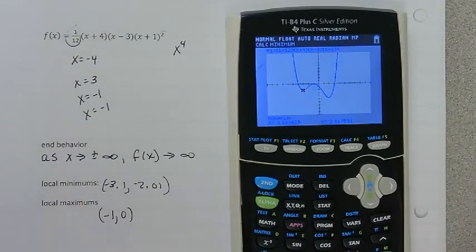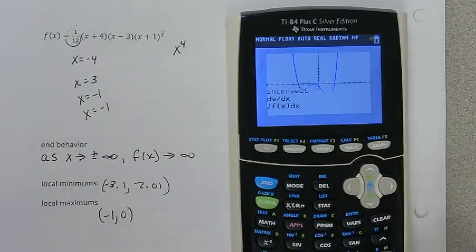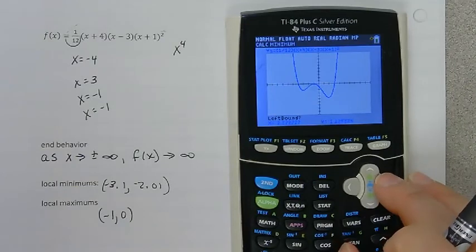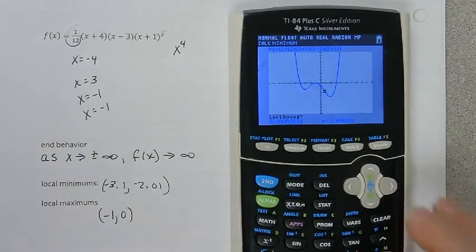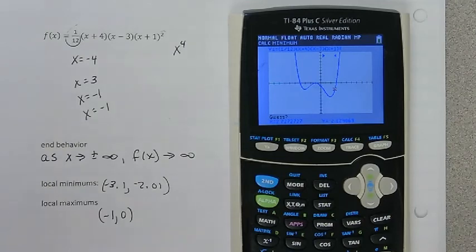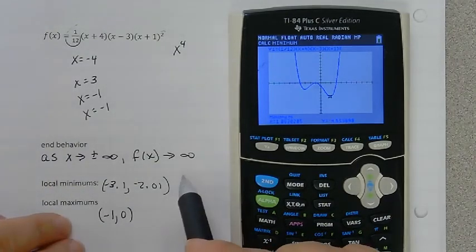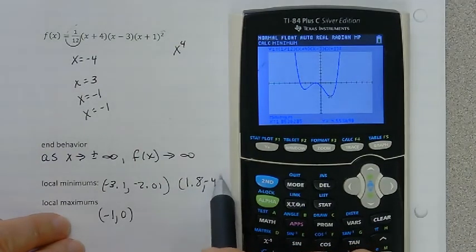Okay, let's go find the other one. So second calculate, minimum, and then I go over here on the left side of this other one and hit enter, and then get on the right side and hit enter. I don't want to guess, so I'm going to hit enter again, and the calculator says the other one is at 1.8, -4.5.